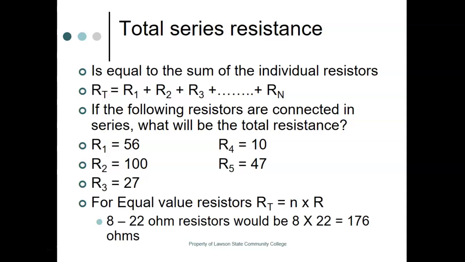You multiply them, that's just a quick little shortcut, but that only works if they are all equal. If it has any variation in there, it will not work out to be what it should be. But if they are all equal, I can multiply them out, be done with them.